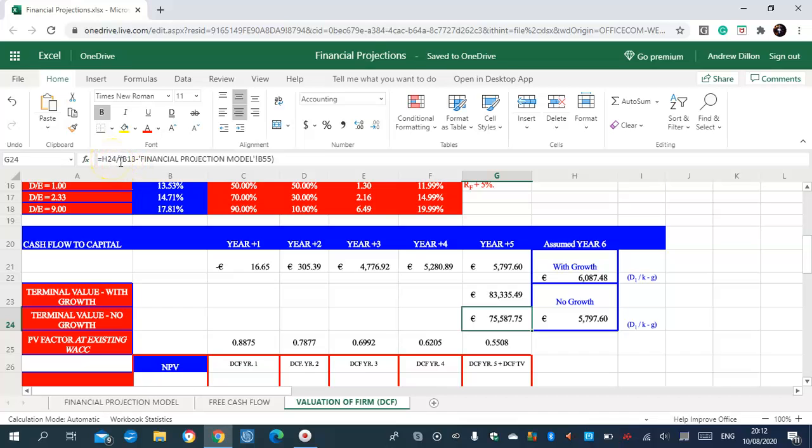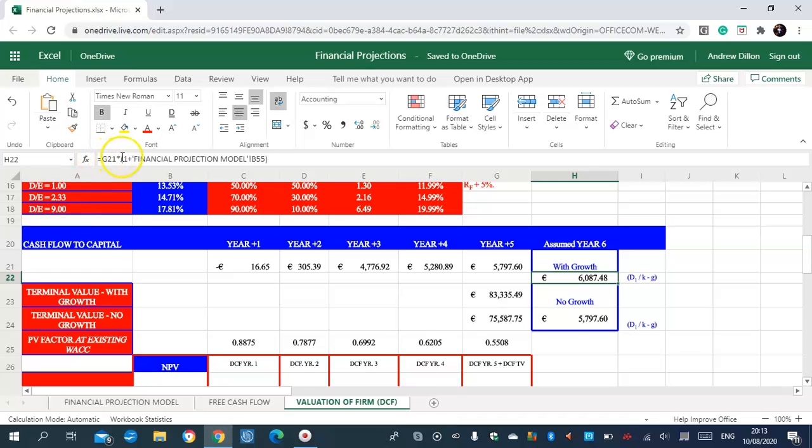H24 divided by B13 minus financial projection model B55. And you see the growth model is bigger than the no growth model.